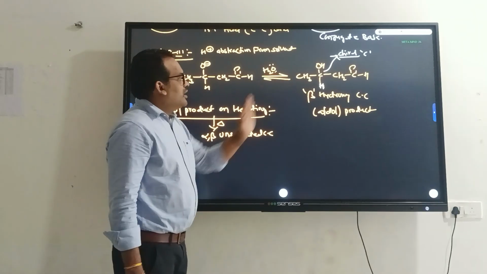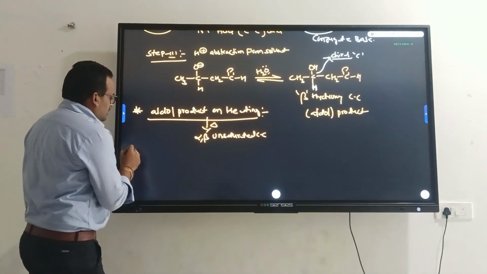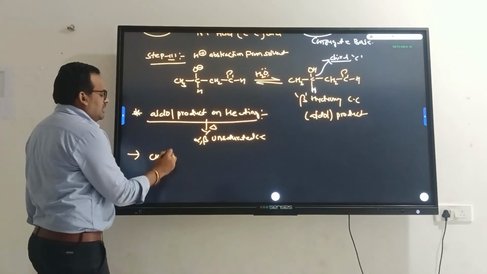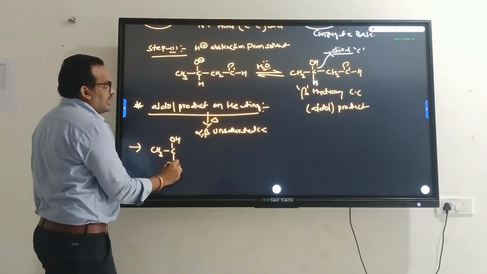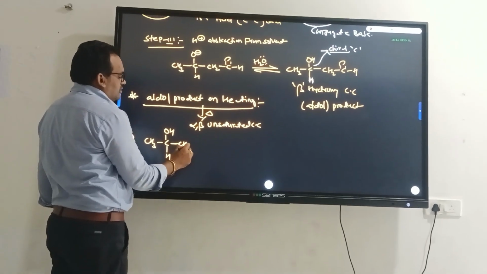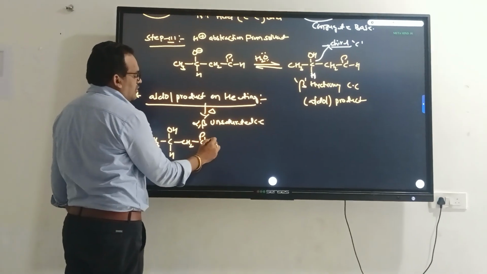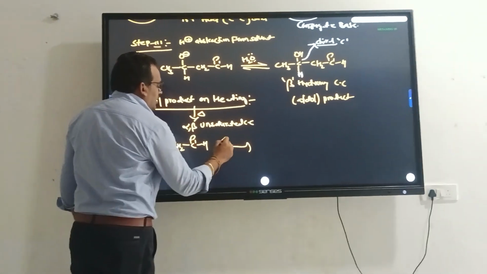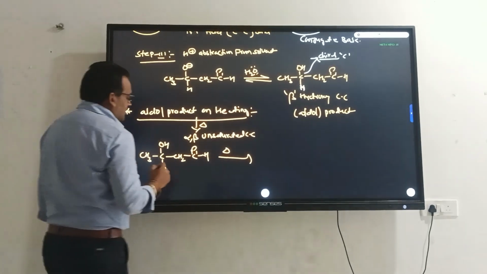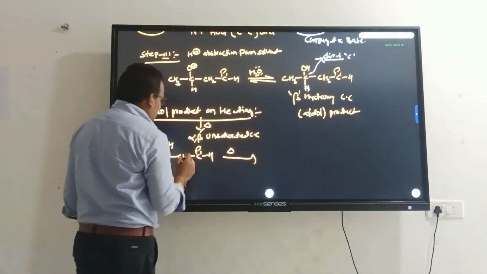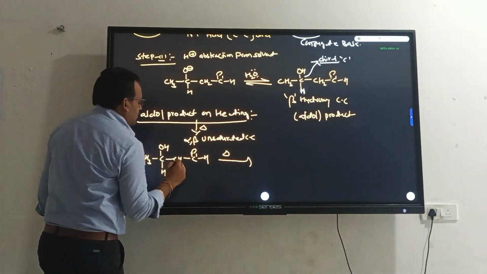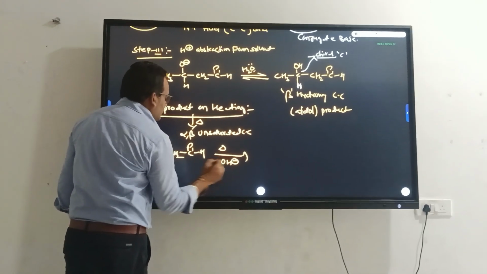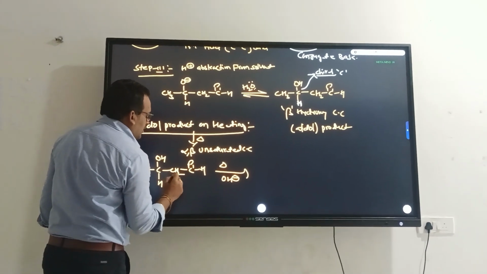Now this is the beta hydroxy compound, CH3 C here OH and here H and here CH2 and C double bond OH, on heating. Here we use the base. First of all, this base will attract the proton here.